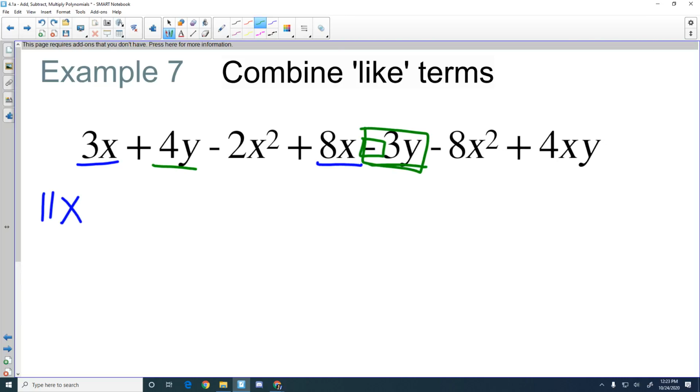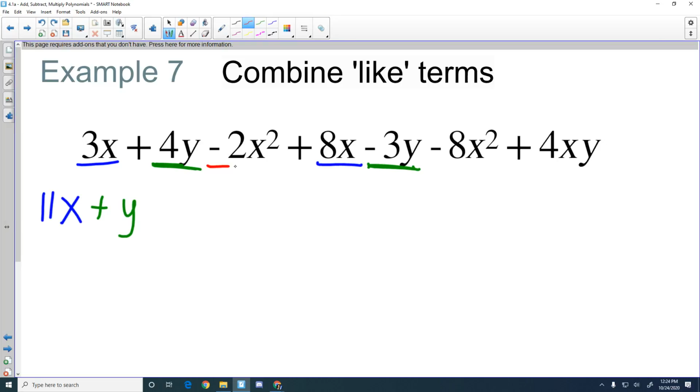You always group the sign in front of a term with the term itself. So if I had 4y's and I subtract 3y's, I'm left with a single y, right? 4 minus 3 is 1, so we'd have 1y.